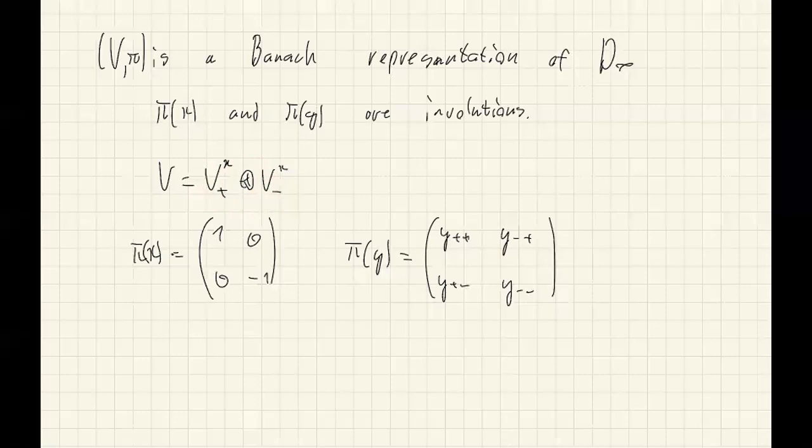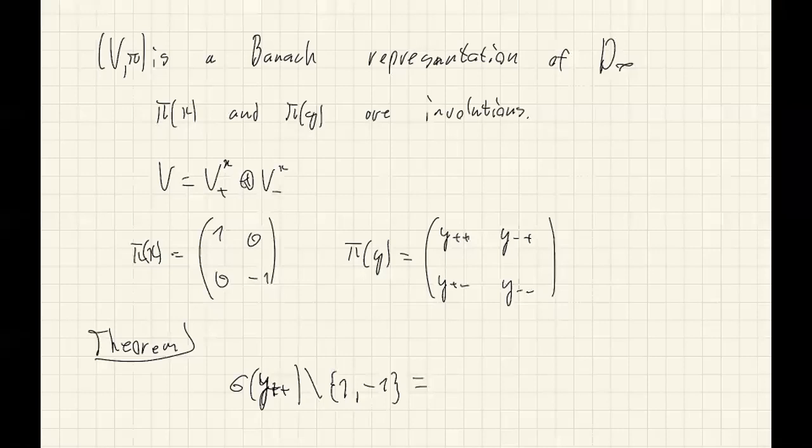So we can compute its spectrum, and it turns out that we had a theorem that the spectrum of Y plus plus without 1 and minus 1 equals minus the spectrum of Y minus minus without 1 and minus 1. 1 and minus 1 are not always in the spectrum, but I mean here that we drop them if they are.